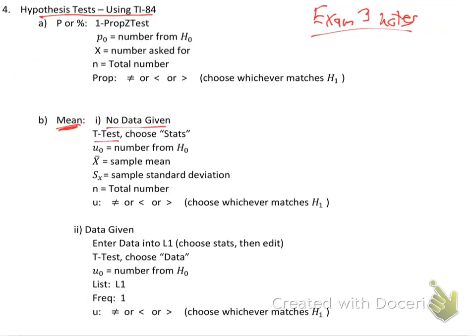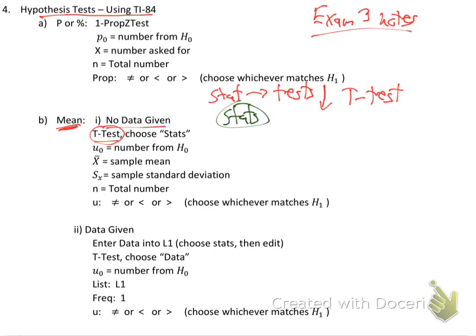So what do you do? You choose t-test. So go to your calculator, hit stat, and then tests, and then go down to t-test. So it's saying right here, t-test. Now, when you get to t-test, you're going to choose stats. Later we'll choose data when they give us data. We'll see that later. I think it's number 12.